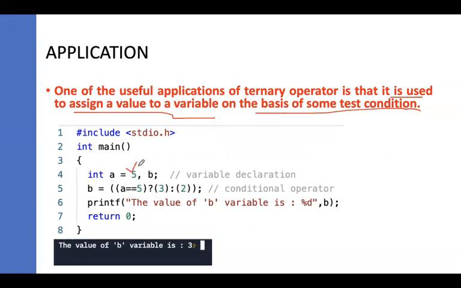Initially, you have initialized the value of A as 5. Then, in order to initialize the value of B, you are taking it on the basis of some condition. You are saying if A is 5, then you're going to assign value 3 in B. Else, you're going to assign value 2 in B. So this is one of the most useful applications of the ternary operator. I hope the concept is clear to all.